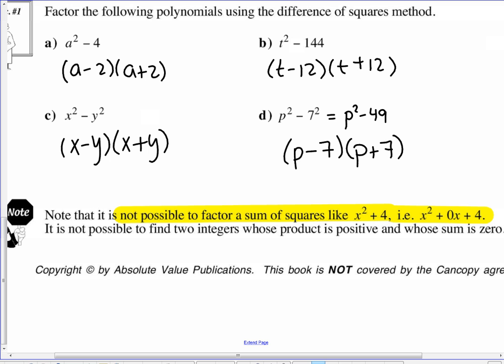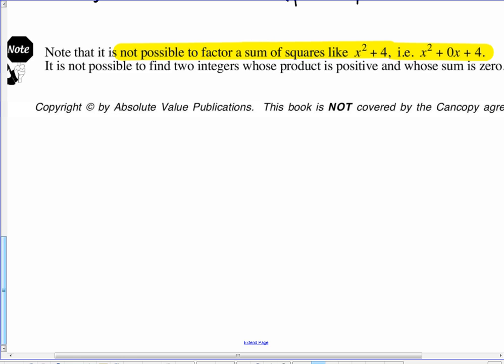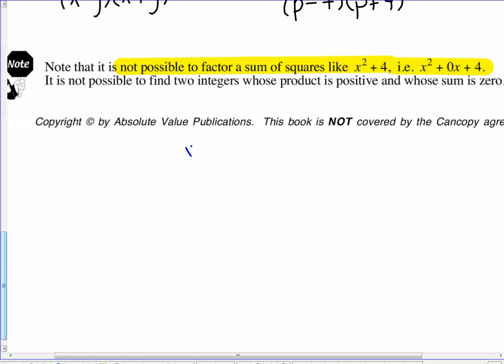Usually the negative's in the center, separated between the two terms. The reason why that's not factorable, there is no possible way to factor this so that the middle term cancels. Because if the middle term cancels, they have to be opposite signs. If they're opposite signs, that means our product here has to be a negative. Okay? So this is not factorable.